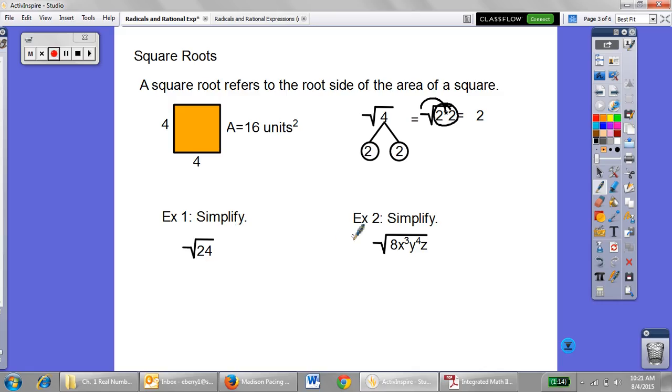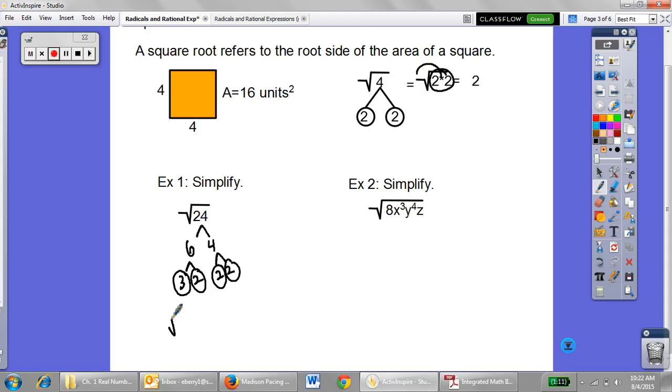Now to simplify the square root of 24, we can draw the factor tree. 24 is 6 times 4. 6 is 3 times 2. And 4 is 2 times 2. So now I circle everything that's on the end of it. Notice I don't circle the 6 or the 4.